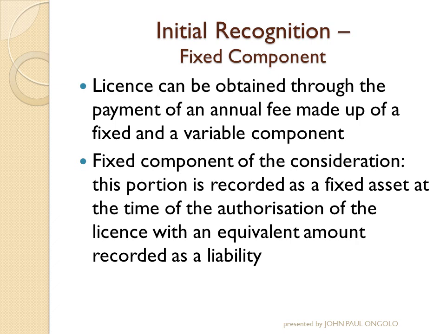Because in this case, the license is not purchased, but obtained through regular payment throughout the duration of the license contract. So if the fee is made up of a fixed and a variable component, the fixed component is recognized as an asset at the inception of the contract, whereas you have a corresponding liability recognized as the double entry.